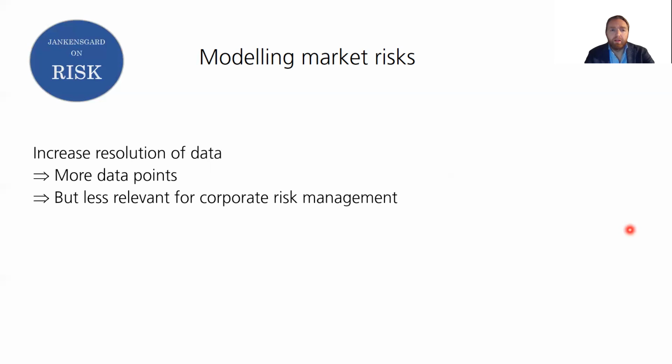So for example, if you increase the resolution of the data, meaning you go towards shorter time periods from months to weeks to days to even intraday, you get more data points. But they will be gradually less relevant for corporate risk management because it's not on the strategic scale anymore. I mean, corporate risk is not decided on a day-to-day basis usually.